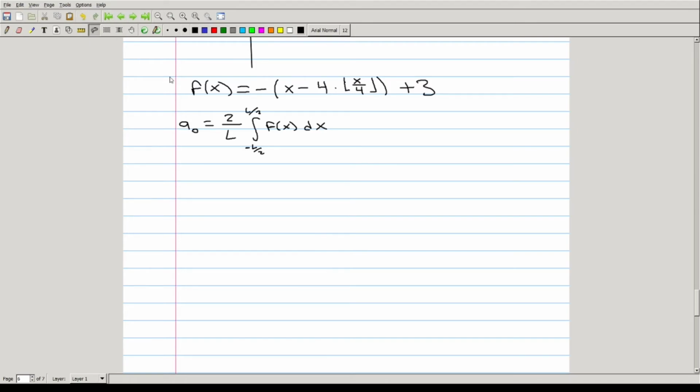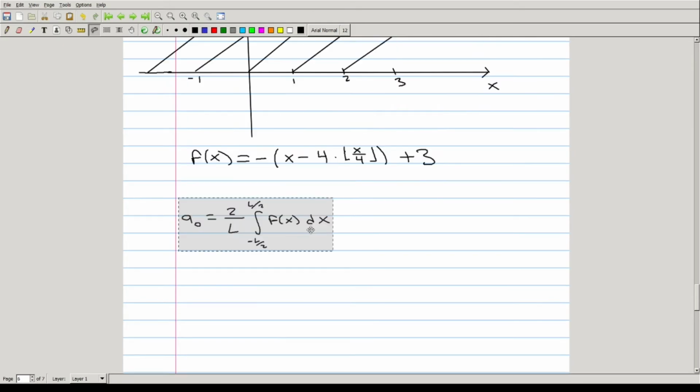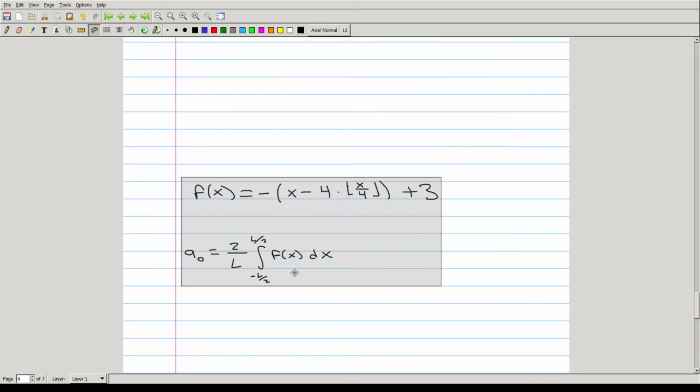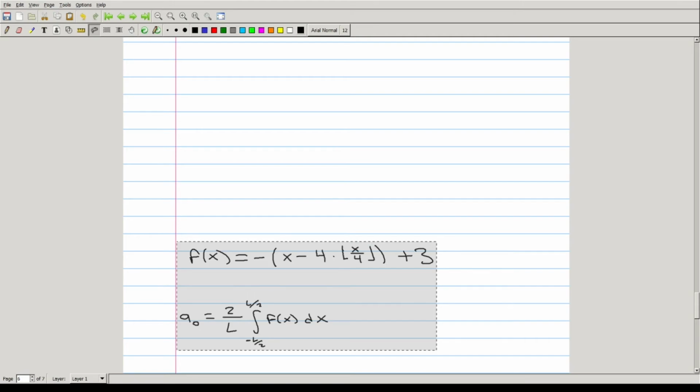And because of the periodicity of this function, if you think about what this function looks like, using that plot that we just created, I will open up and copy it over so we can see it.